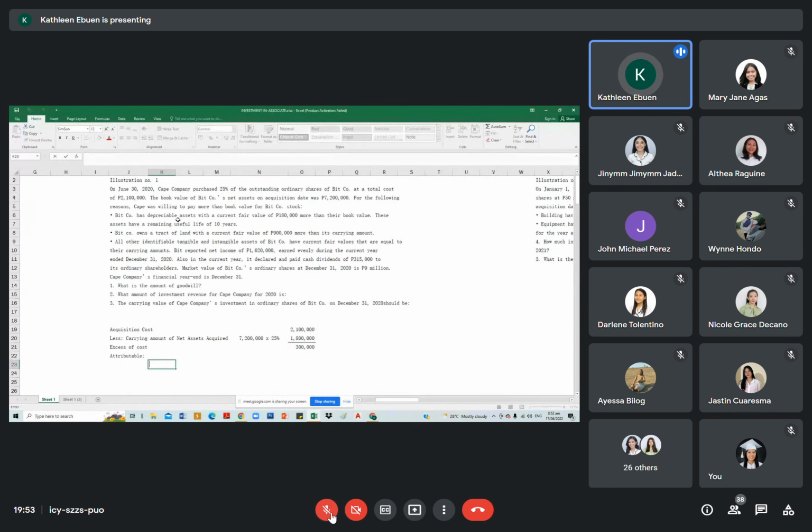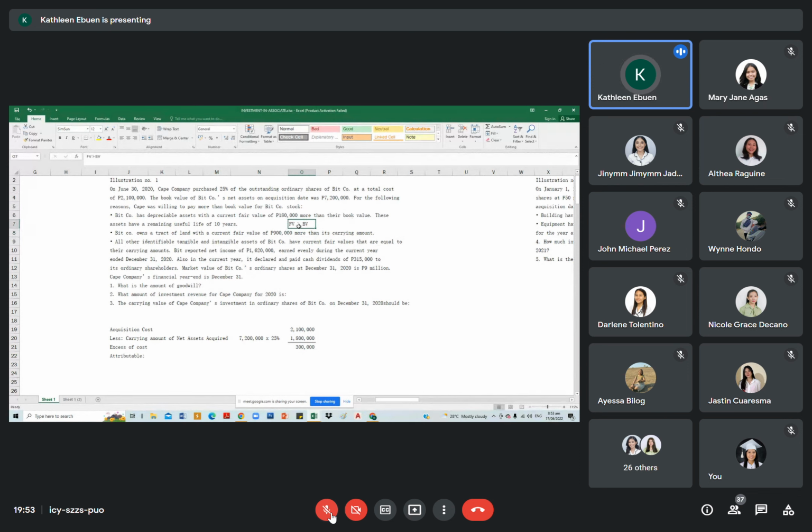So Bit Company has depreciable assets with a current fair value of 180,000 more than their book value. So this, mas mataas si fair value kesa dun sa book value. No? Or the carrying amount or the book value. So yung book value kasi class, that is cost less accumulated depreciation.